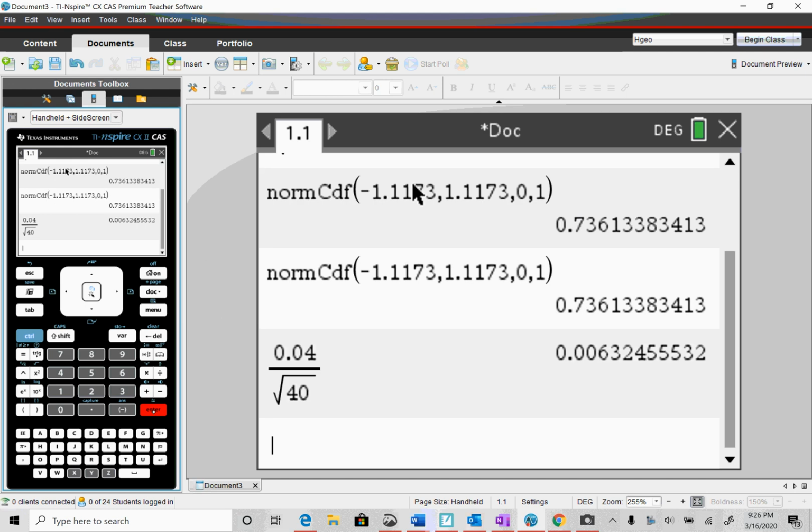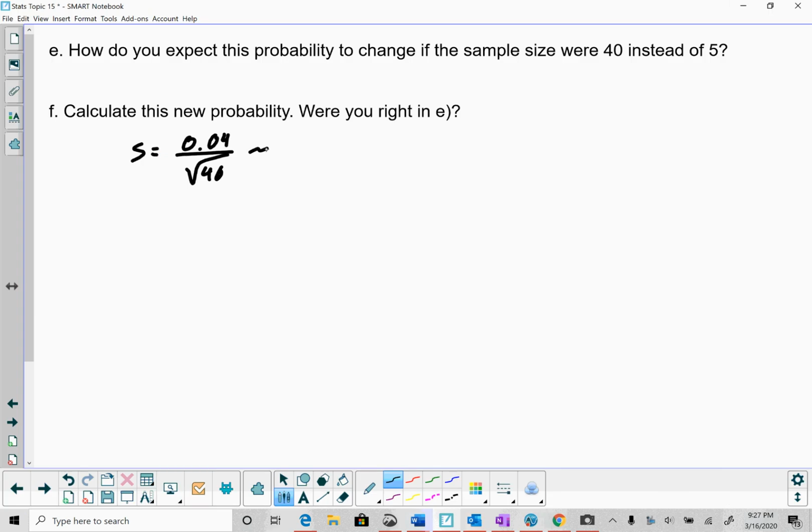So we're going to use 0.0063. Z1, again, the 2.18 minus 2.20, which will be 0.02, divided by our new, larger sample size, standard deviation of 0.0063.